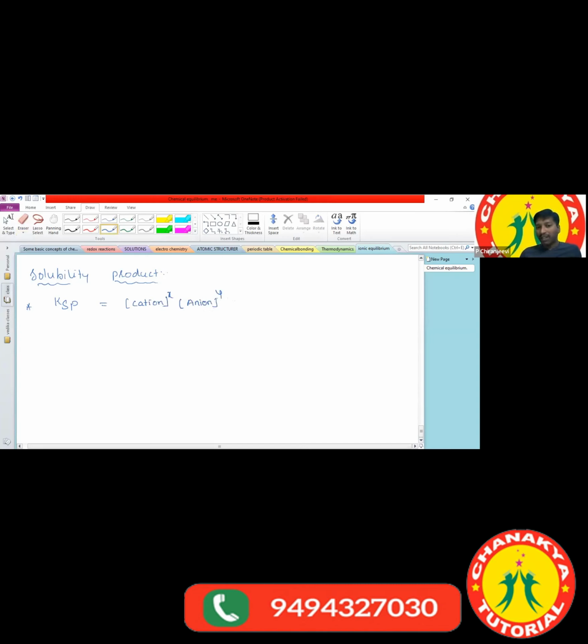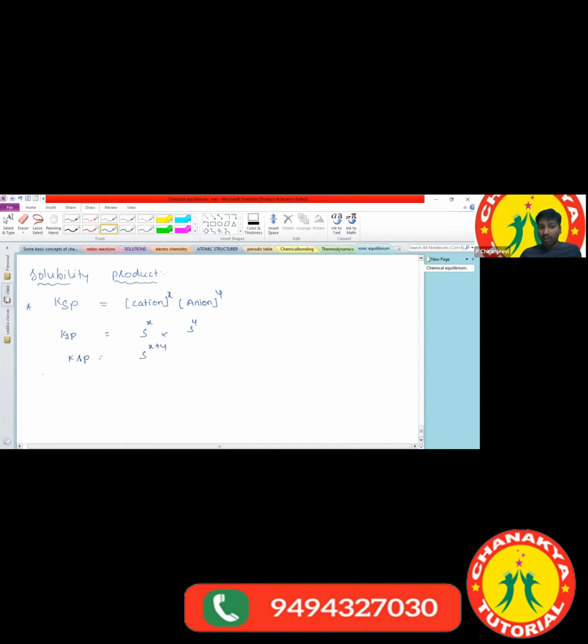Let us see how we can calculate KSP. KSP equals the cation solubility, x s to the power of x, times the anion solubility, s to the power of y. If we simplify, KSP is equal to s to the power of x plus y.